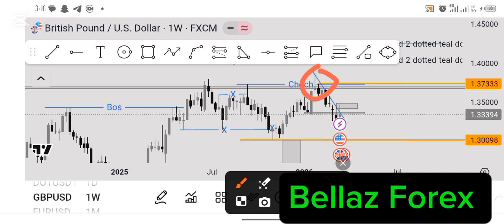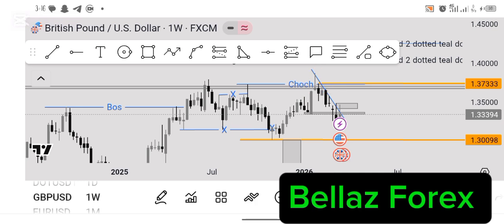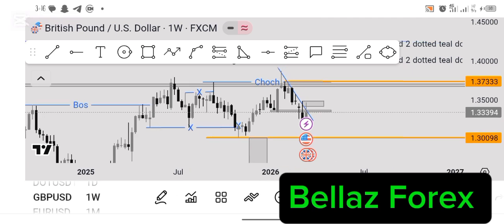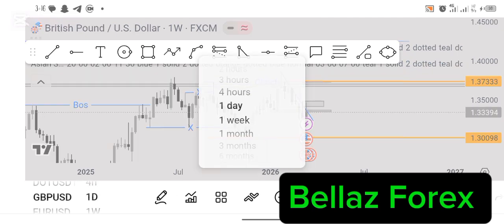You know that GBPUSD and EURUSD correlate, so they almost do the same thing at the same time. Once one is buying, the other one is buying. We have more sales on the USD, which means you can also be having more sales on the GBPUSD. So there is not much to do but look for entries to sell.